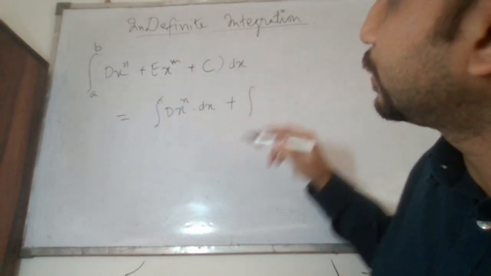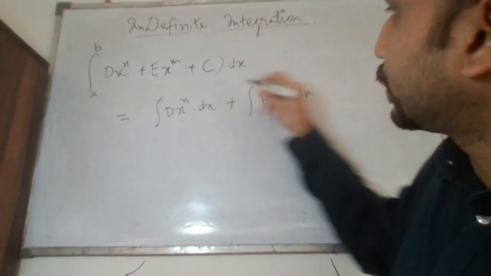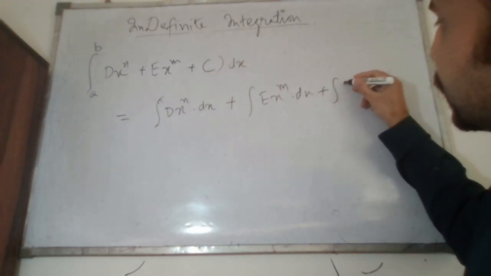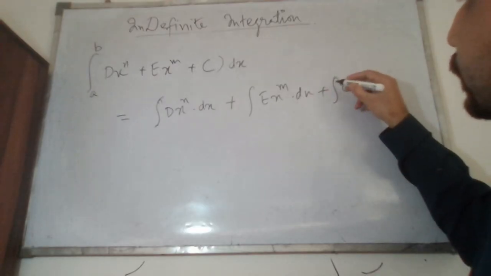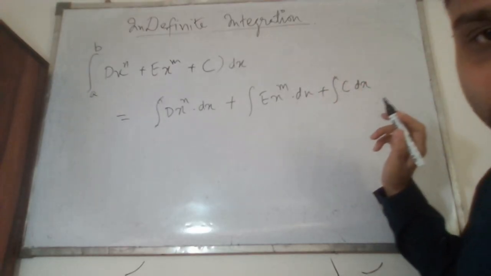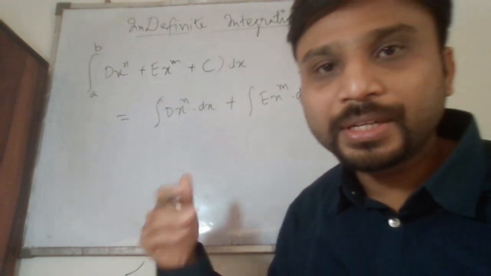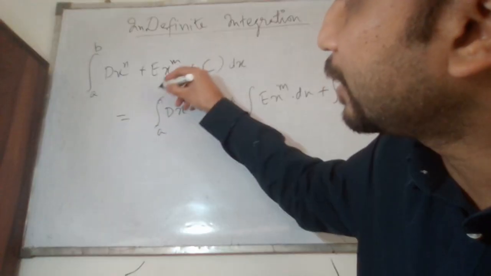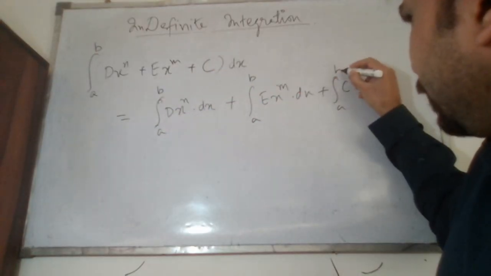Then the other term, ex to the power m, then the positive sign, then the integration of c dx, and that's it. Along the positive signs, we have distributed our integral, just like we do in differentiation, and also with the limits as well.